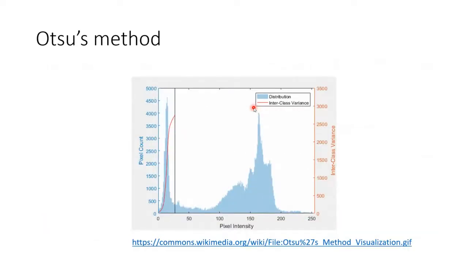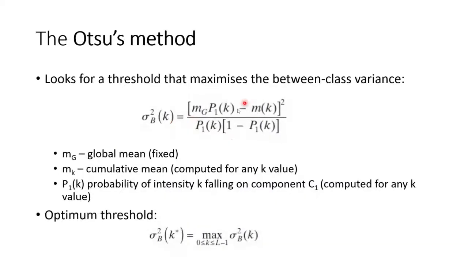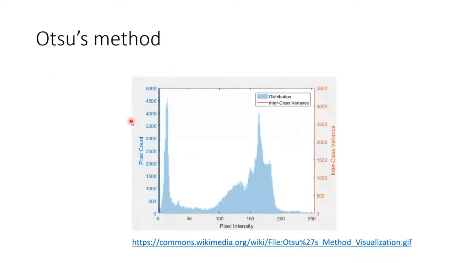So basically, Otsu is very simple. It walks through, accumulating this mean value, calculating the probability of the intensity k falling on component C1, and getting the maximum value here. As you see, the maximum value is where the derivative of the between-class variance, or interclass variance, is 0. It will be here, right?